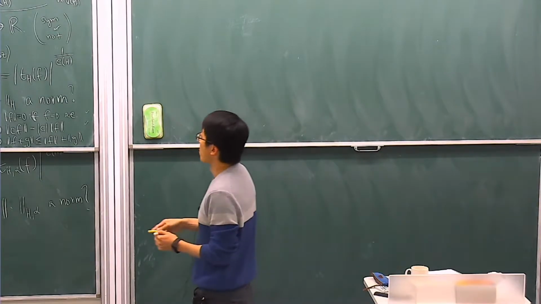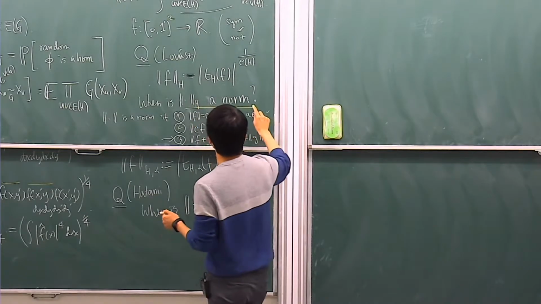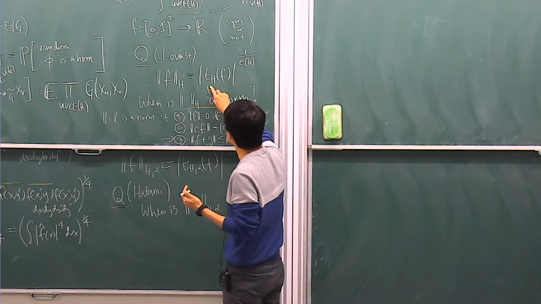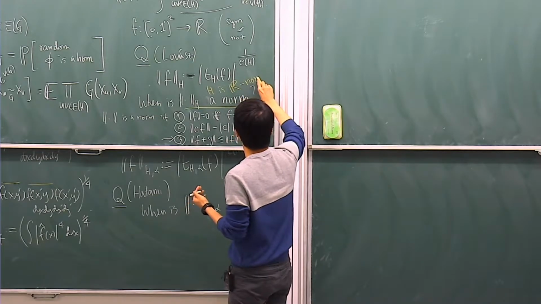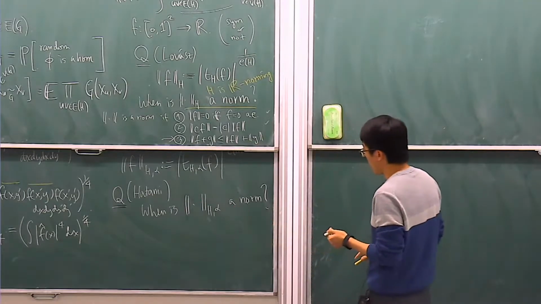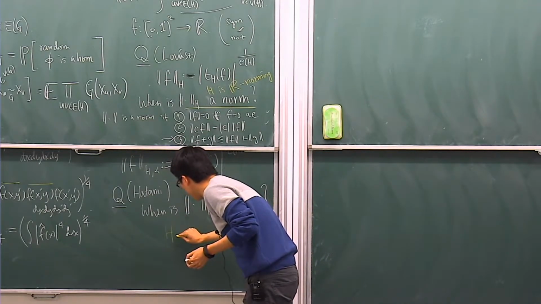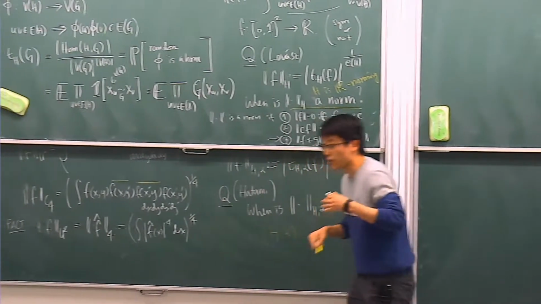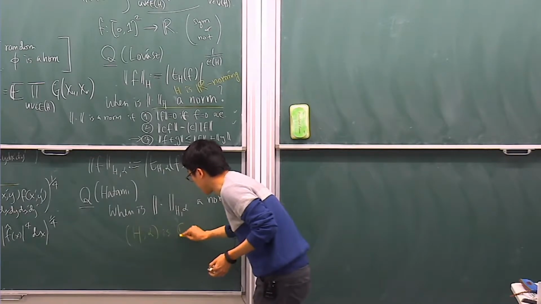So let me say that if this is a norm, then my H is real norming. And if this is a norm, then my H alpha, the two-edge color graph, is complex norming.